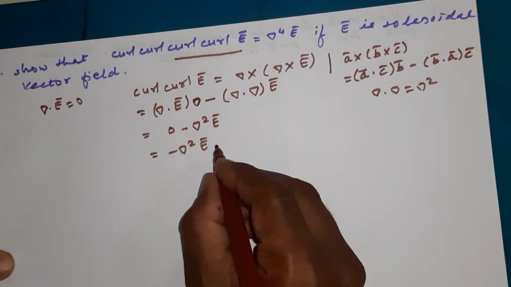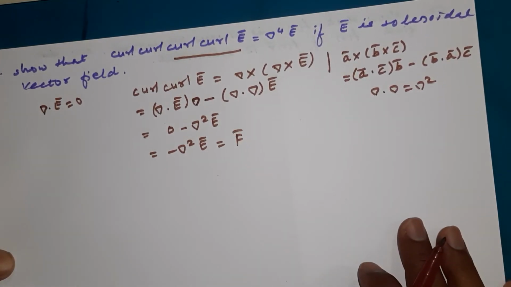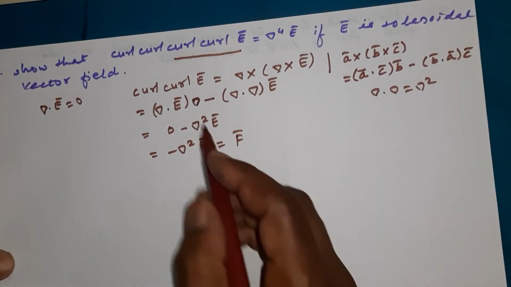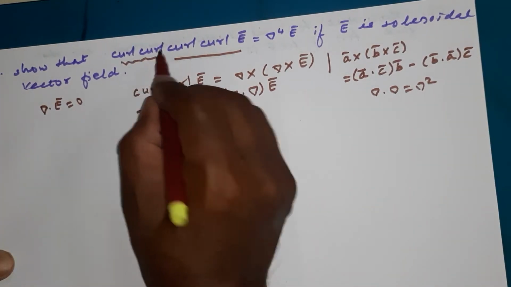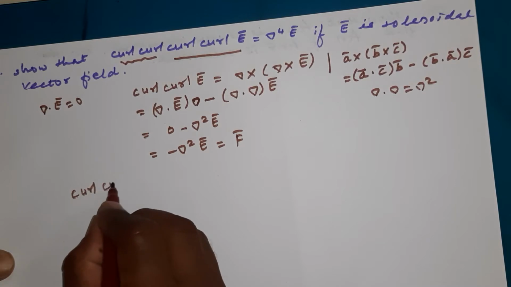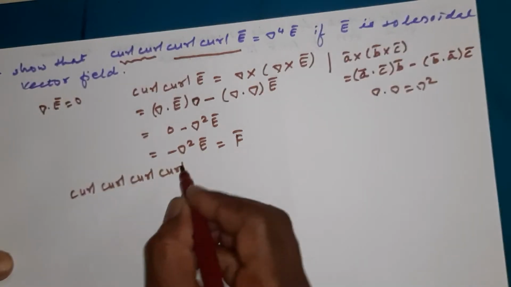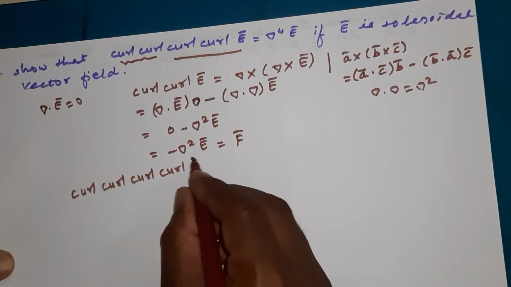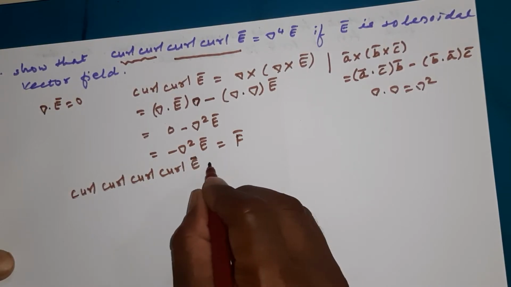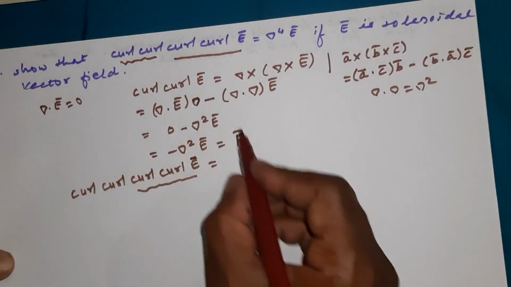Now I call this simply F bar. Some temporary notation I use, F bar. Now apply the remaining curl. So here curl E bar is equal to, but curl of E bar is equal to what?